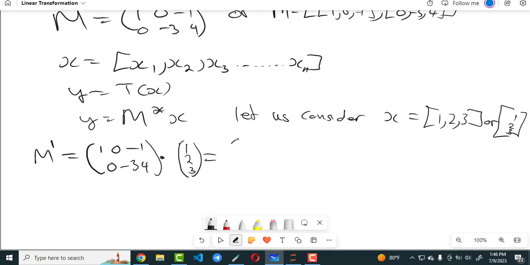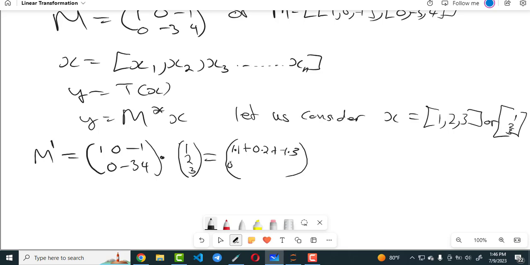So if you are multiplying using row by column, we are saying 1 dot 1 plus 0 dot 2 plus negative 1 dot 3. Row by column.